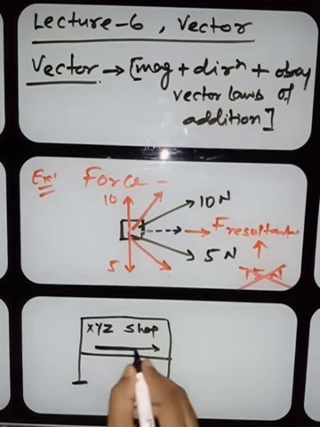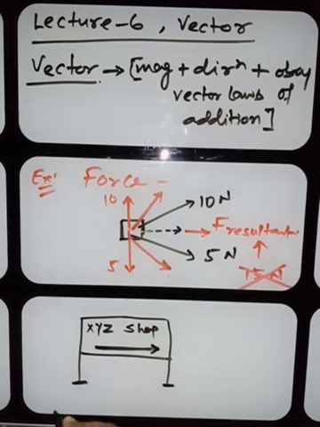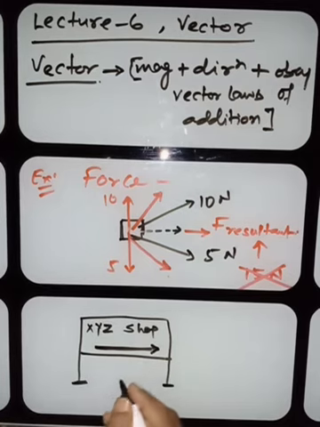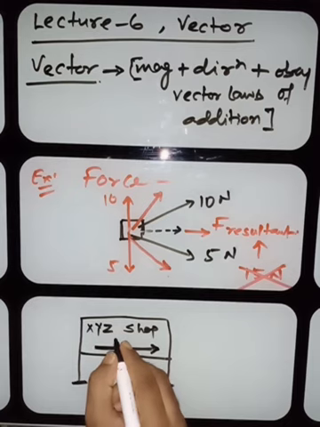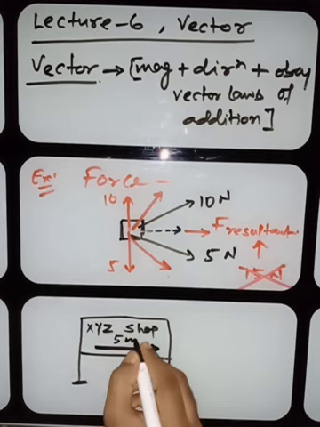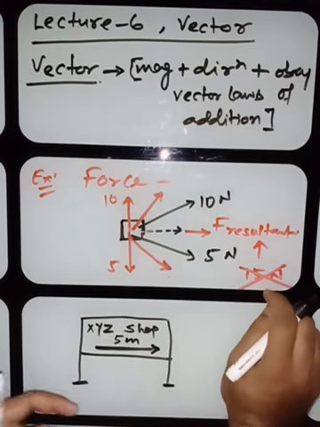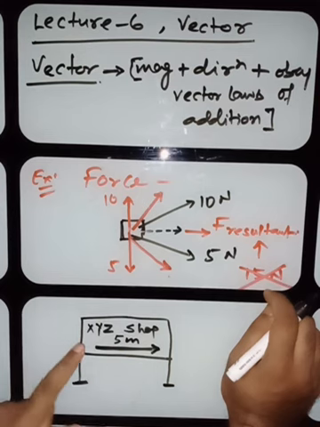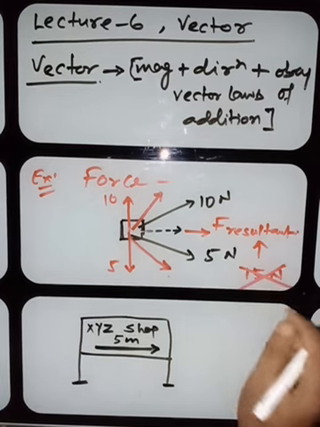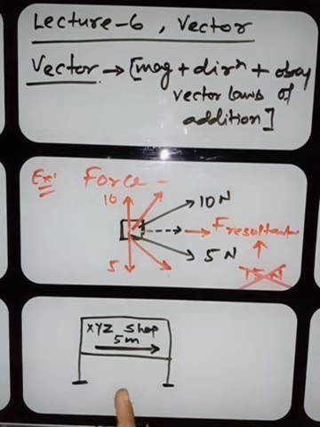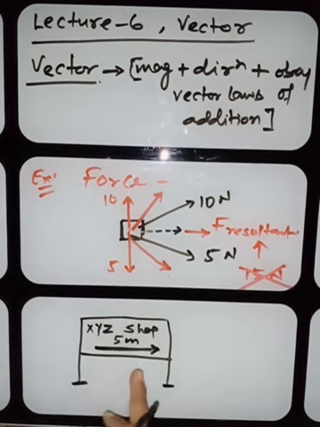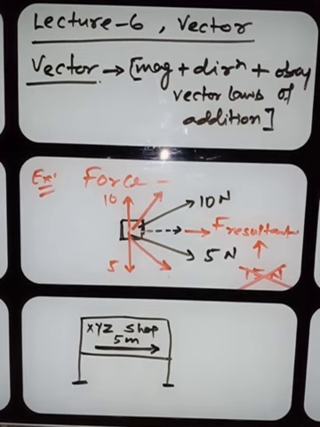Yes, you have to go in this direction to find that shop. If the shopkeeper is very educated, he or she will write 5 meter. You will go 5 meter in this direction, you will find this shop X, Y, Z. So this signboard is an example of the vector quantity that he or she used to represent.